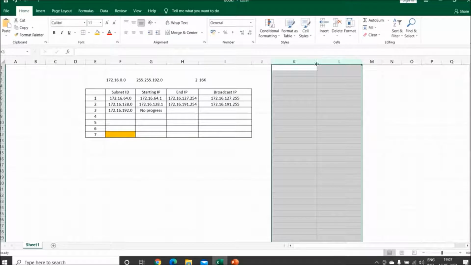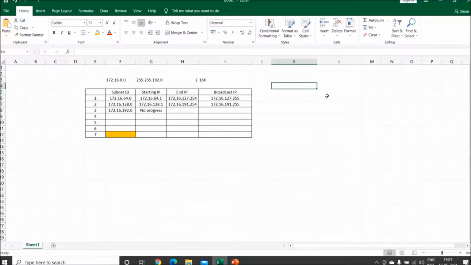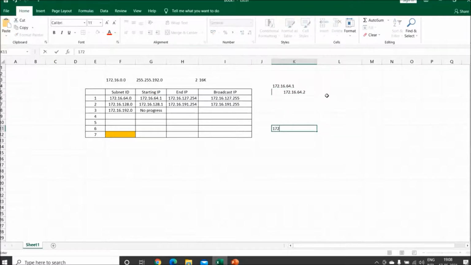We have to understand clearly how the networks are being formed with the given IP address. One network will have 256 addresses, and we can have a maximum of 254 systems to be used. So in the case of this class B, I'm starting with 172.16.64.1. The next IP would be 172.16.64.2. Likewise, I'll keep going until 172.16.64.255, the last address in this range.